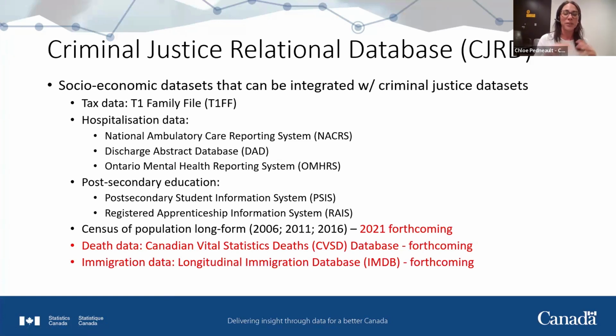So there's a number of data sets that the core justice files can be linked to look at either socioeconomic precursors or outcomes following justice involvement, predictors of justice involvement and continued justice involvement over time, these types of studies.